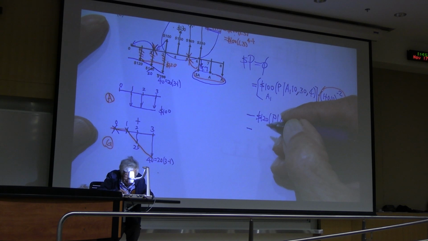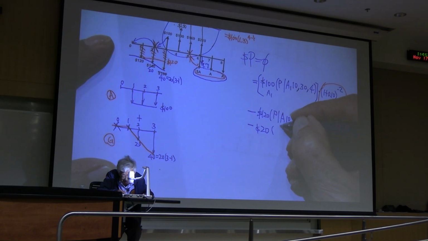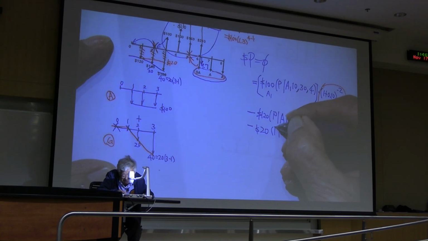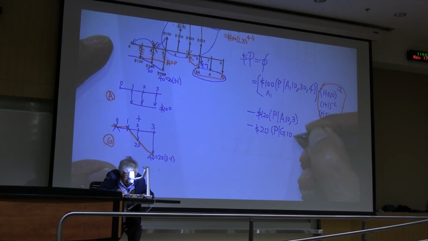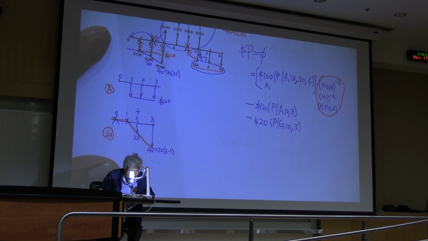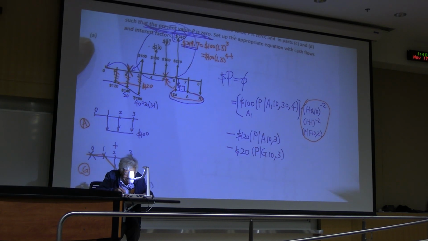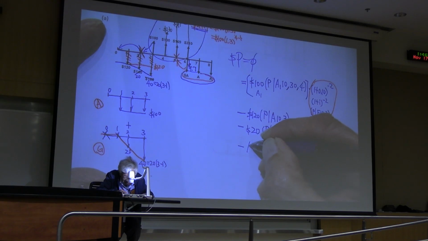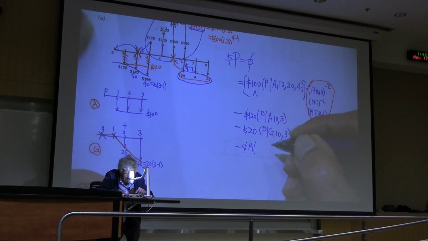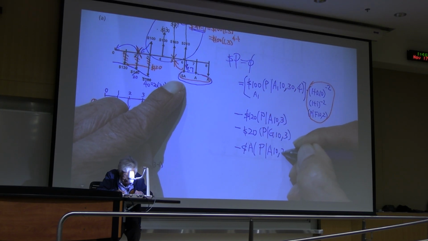Minus 20 gradient series given G to find P, 10, 3. The last one is this: A minus A, given A to find P, 10, 3.